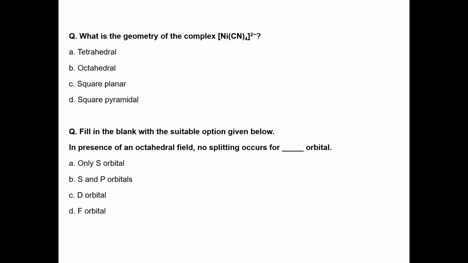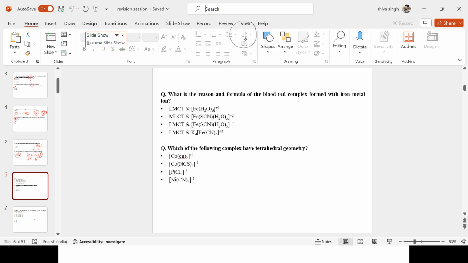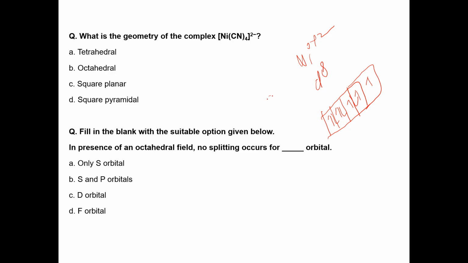Nickel in plus 2 oxidation state will be d8. Let's say 1, 2, 3, 4, 5, 6, 7. Since these are strong field ligands, the electrons will pair. So the electron configuration will look like this.